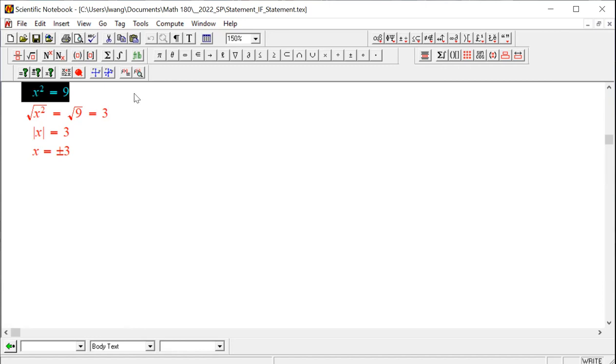The first sentence, you read it as: if x squared is 9, then the square root of x squared is 3. And if the square root of x squared is 3, then the absolute value of x is 3. And then if the absolute value of x is 3, then x is +3 or -3. That's how we read it. So I'm going to put those sentences behind it.